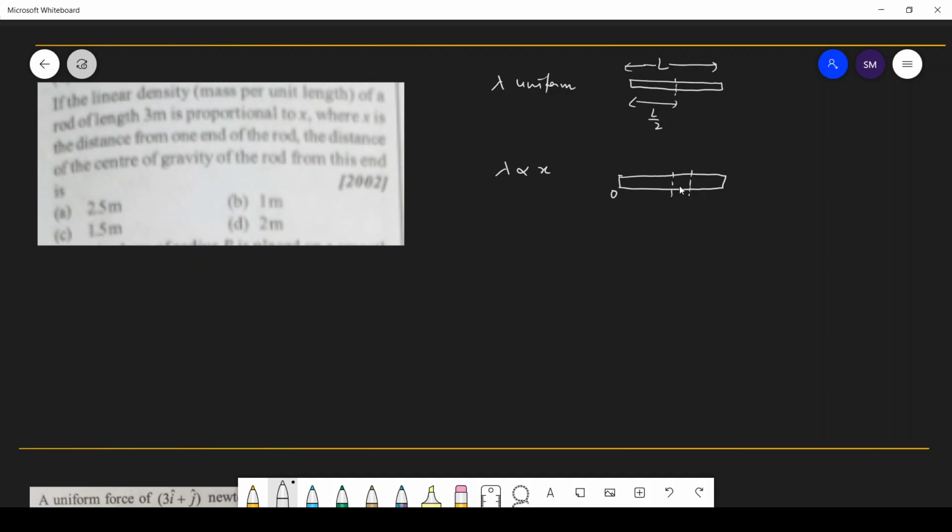We did the derivation for this. When lambda is directly proportional to x, so lambda equals alpha x, or a x, or k x, whatever constant of proportionality you want to write, the center of mass is at 2 by 3 L. Remember?